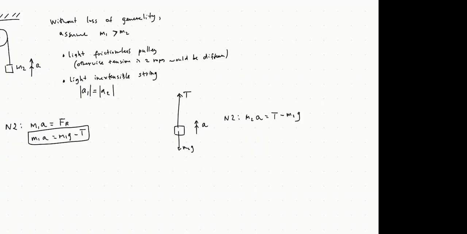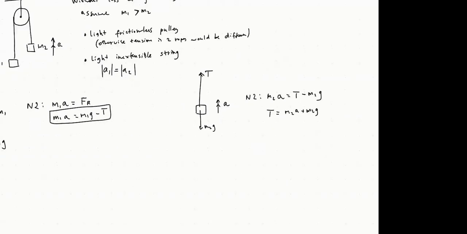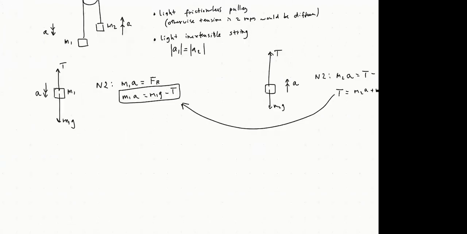And here we can express T. T is equal to m2a plus m2g. And we sub that into the first equation, and we get m1a equals m1g minus m2a minus m2g.